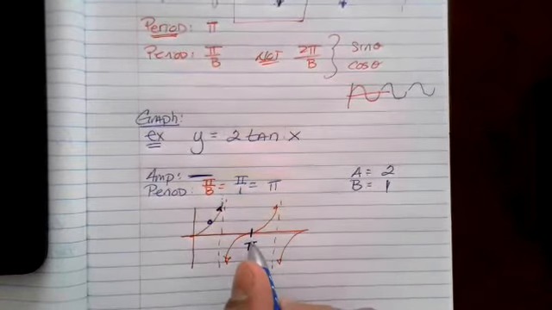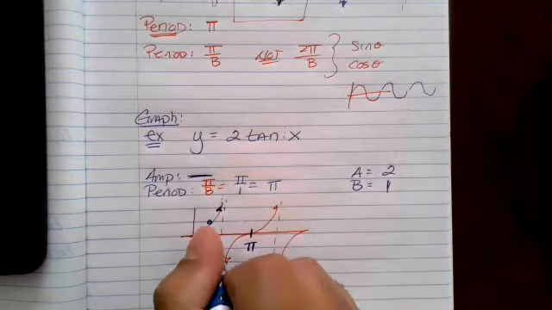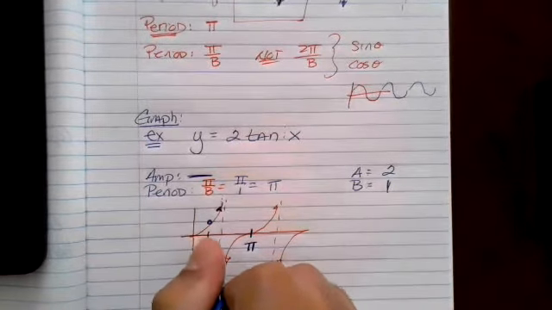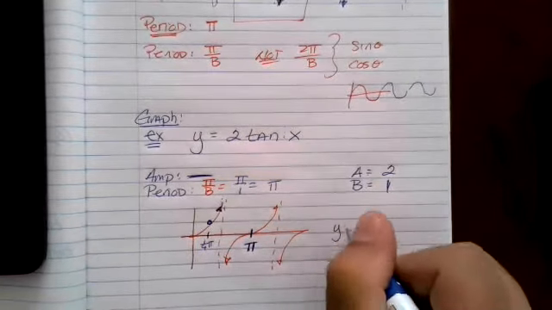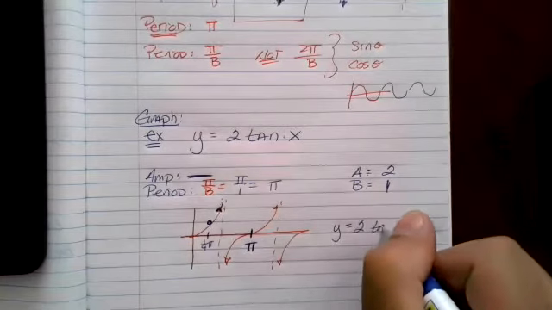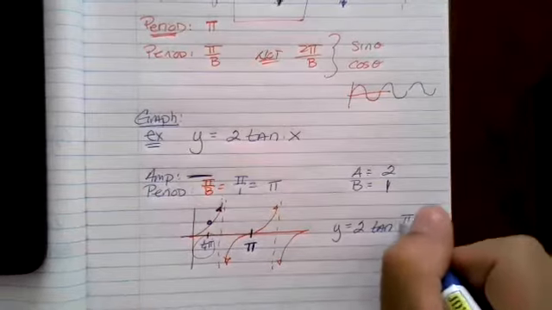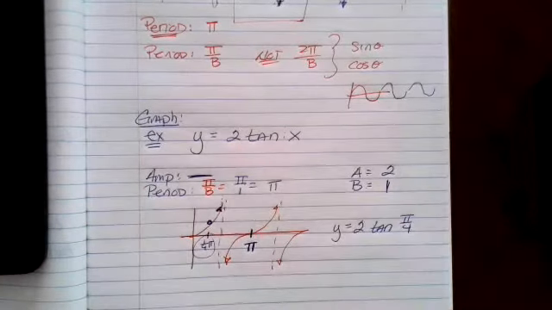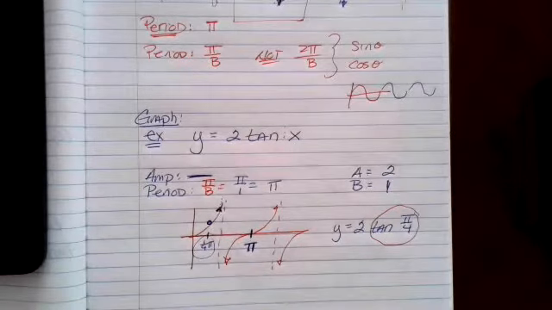Well, if this is pi and this is half pi, then this is 1/4 pi, right? So I want to know y is equal to 2 tan, and for x, I'm going to put in 1/4 pi. And I know what tan of 1/4 pi is, right?